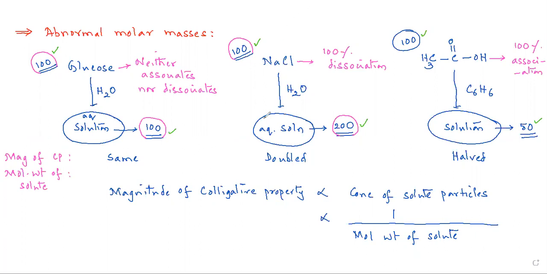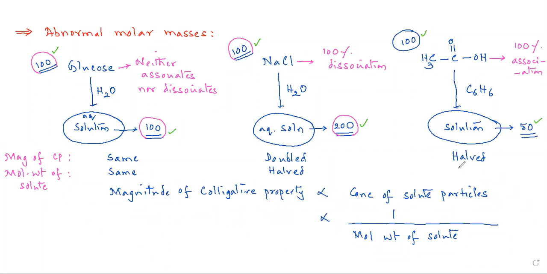In the first case, of course, it remains the same because there is no change in the number of particles, no change in the magnitude of colligative property. In the second case, because the magnitude of colligative property is doubled, the molecular weight is halved, because magnitude and molecular weight are inversely related.